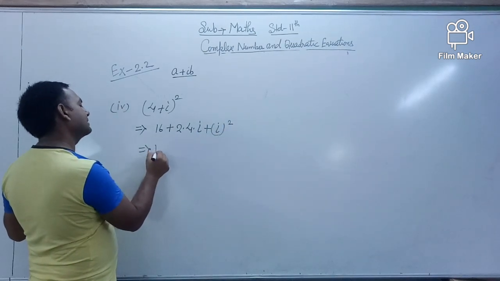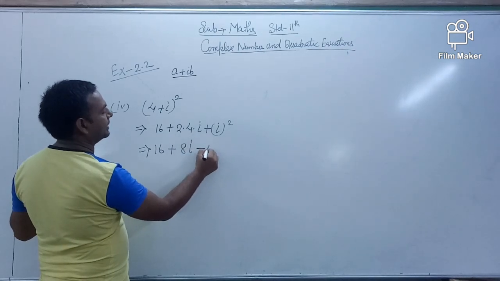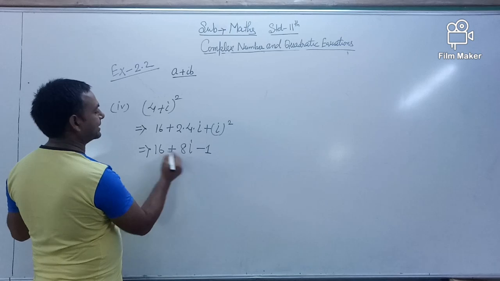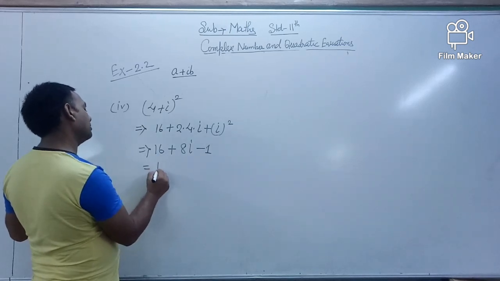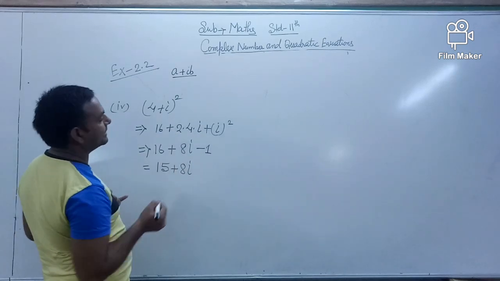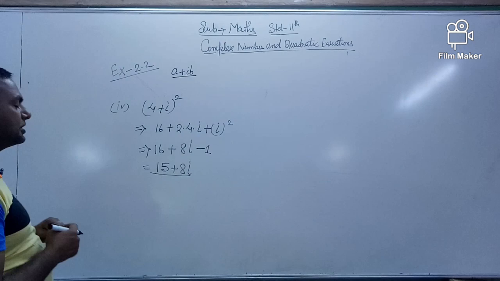So this is 16, 2 fours are 8i, and i square is minus 1. So 16 minus 1 is 15 plus 8i. This is the expression of that complex number: 15 plus 8i.